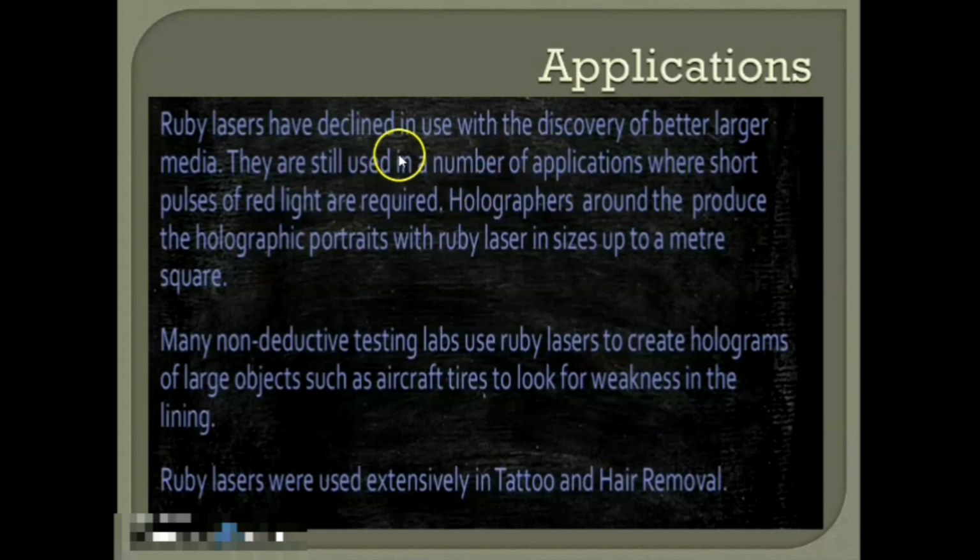Many non-destructive testing labs use Ruby lasers to create holograms of large objects such as aircraft, tires, etc. And Ruby lasers were also used extensively in making tattoos and for hair removal. These are the applications of Ruby lasers.